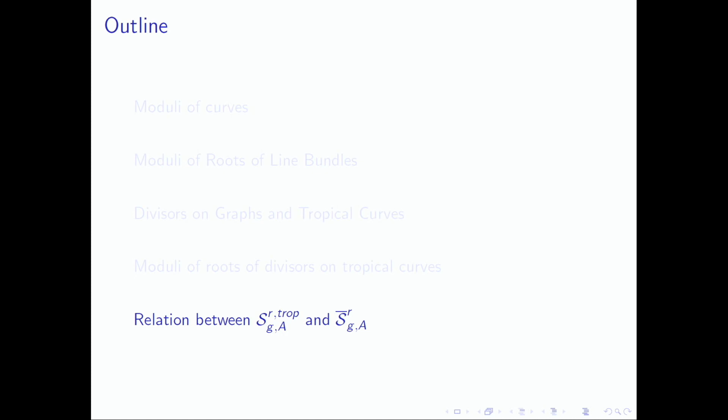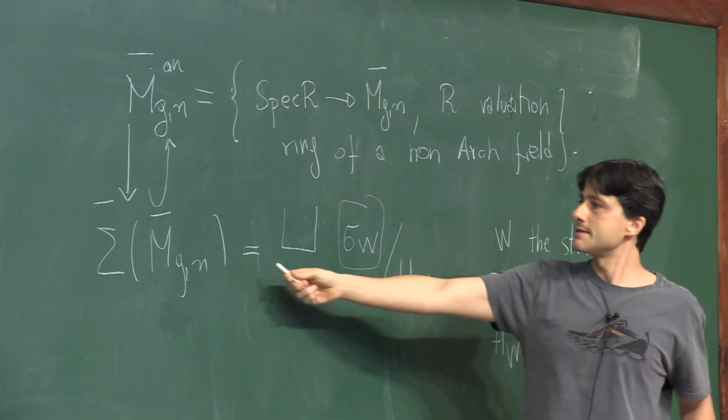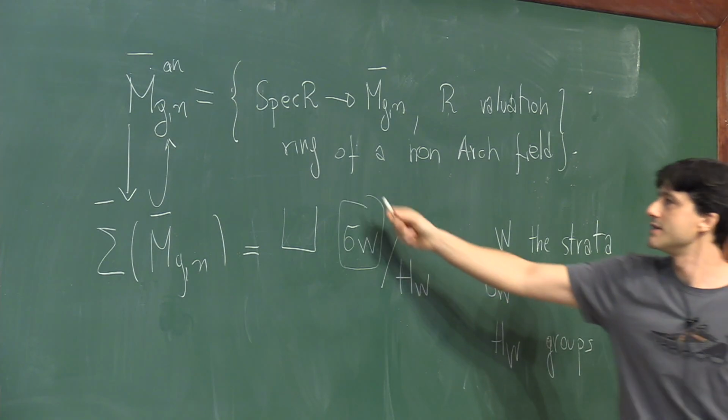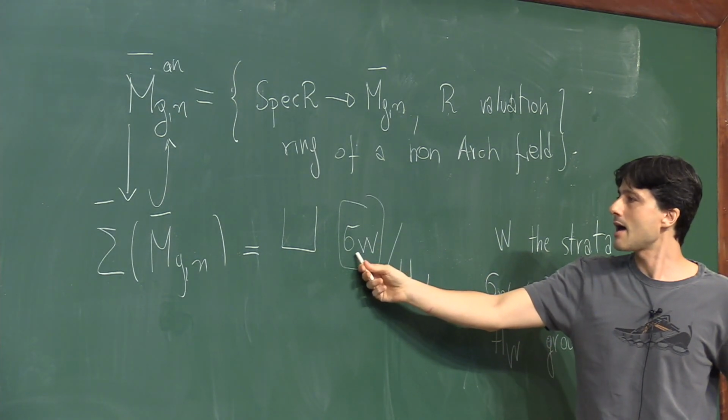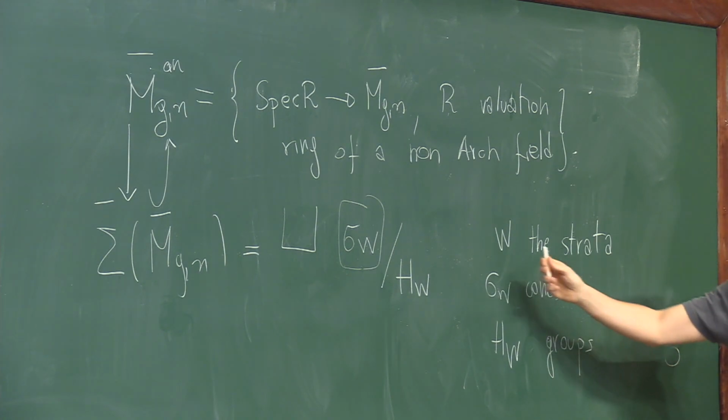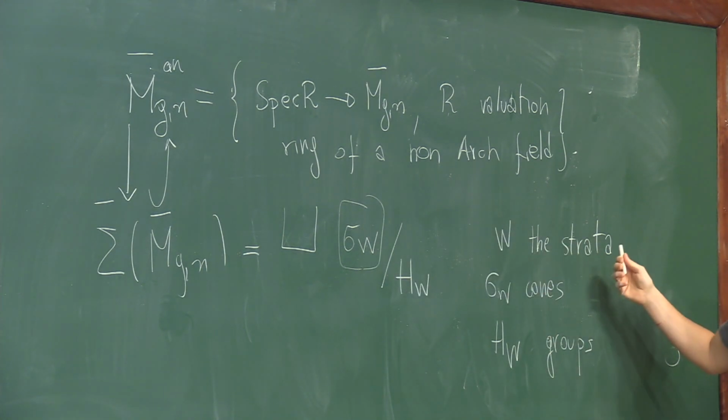Okay, so I want just to recall a fact that I wrote here. This skeleton was actually the union of these strata, and I have a cone for every given stratum of the moduli space.